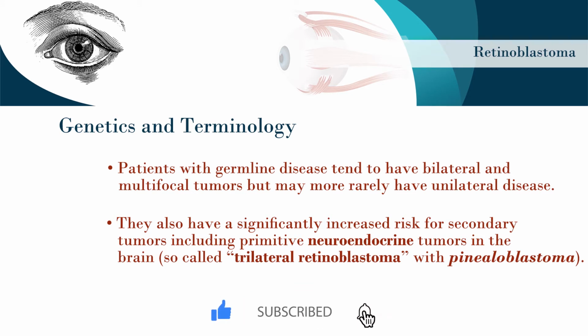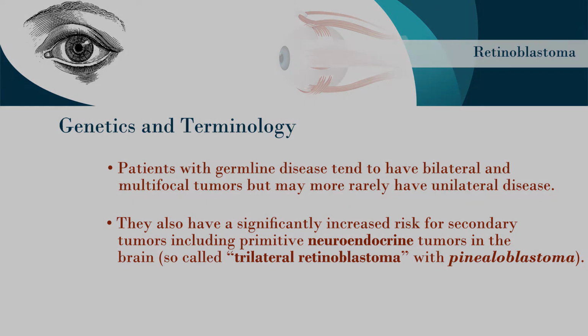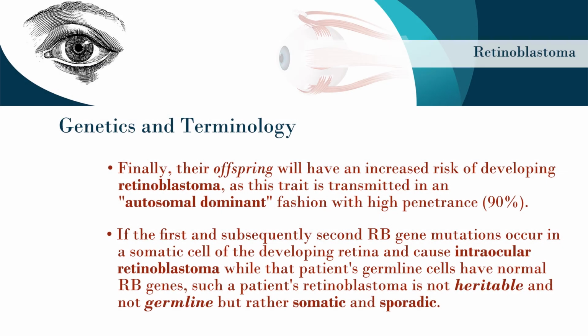They also have a significantly increased risk of secondary tumors, including primitive neuroectodermal tumor in the brain, called trilateral retinoblastoma with pineoblastoma. Finally, their offspring will have an increased risk to develop retinoblastoma, as the trait is transmitted in an autosomal dominant fashion with a high penetrance of 90%.